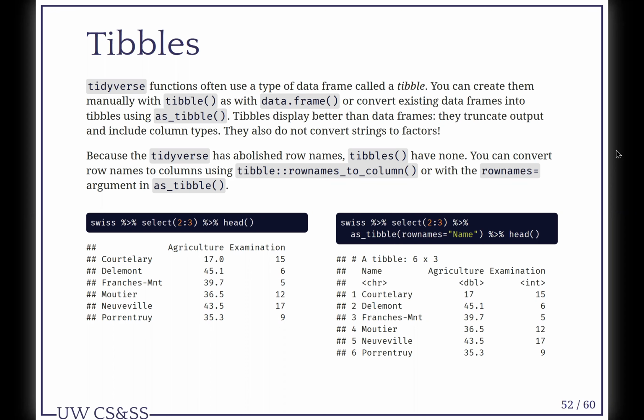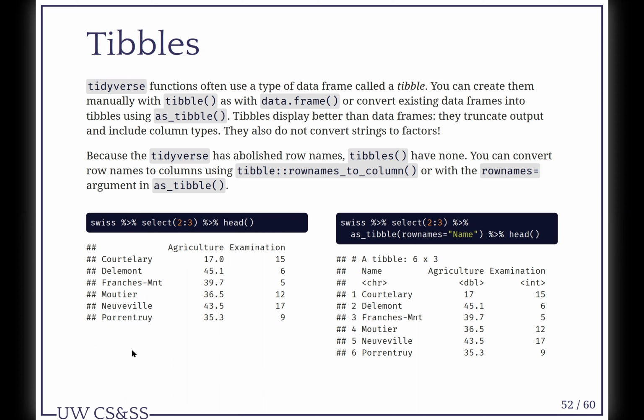So to see what I'm talking about, you might remember in the first homework, some people asked me about this. You could say Swiss and then select the second and third columns and then give me the first 6 rows. And you'll see over here that the rows have names, which are the provinces in Switzerland. A lot of the logic of the tidyverse is that this is information that we want as a column.